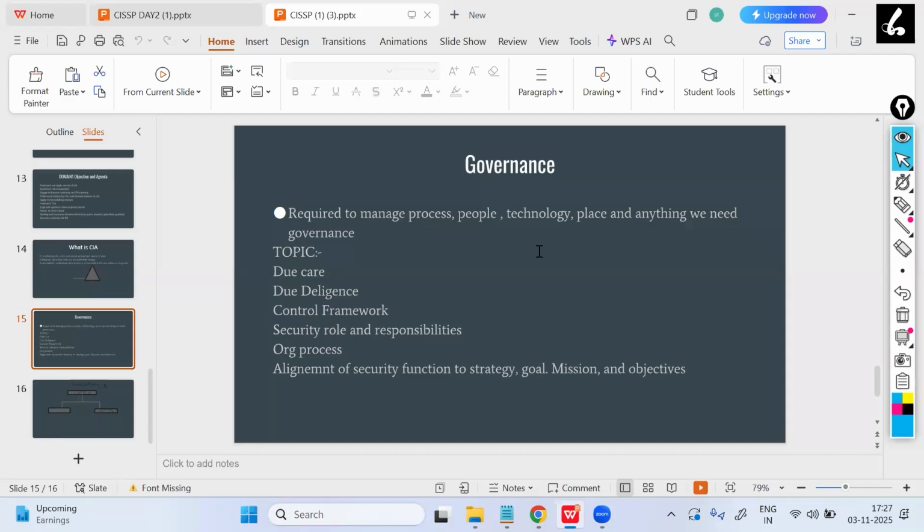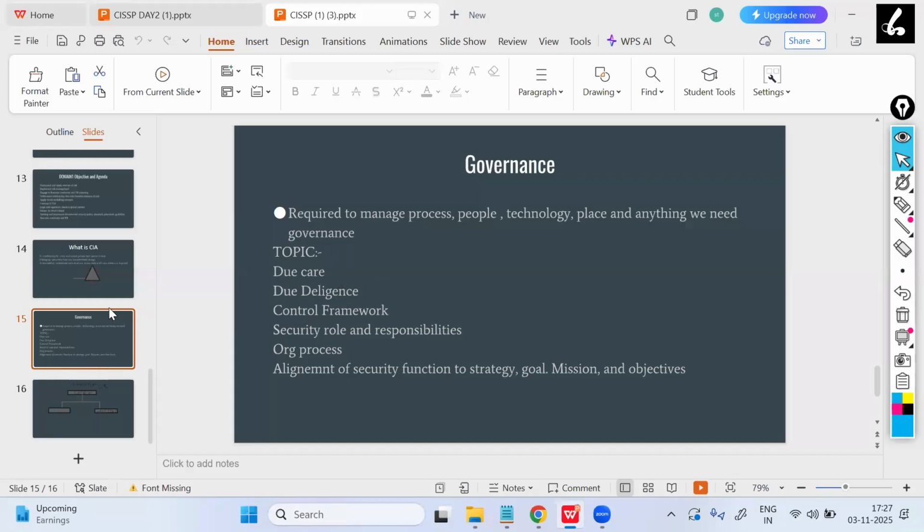So for the proper traffic management, we have the traffic lights outside so that people can follow the rules and they can reach wherever they want to reach in time. That is the importance of governance, and to have these PPTs, people, process, and technology in place so that we know what we need to refer, what we need to do in certain situations. We'll discuss due care, due diligence, and the control frameworks later on. This is just the topic names.